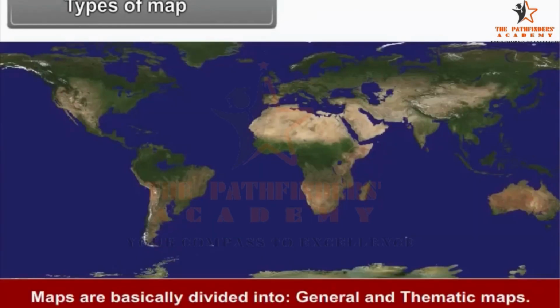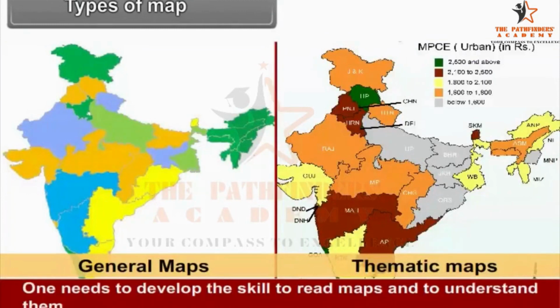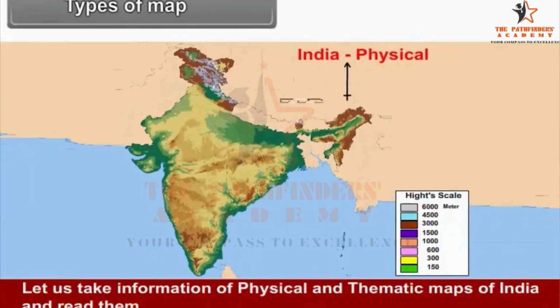Maps are basically divided into general and thematic maps. One needs to develop the skill to read maps and to understand them. Let us take information of physical and thematic maps of India and read them.